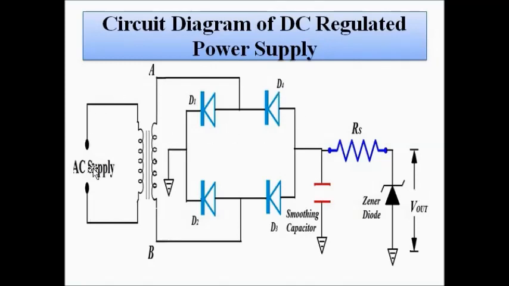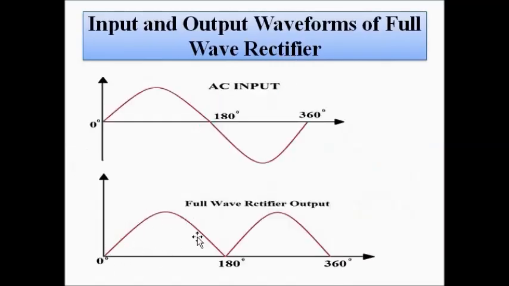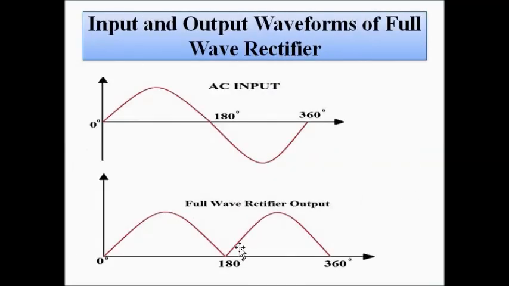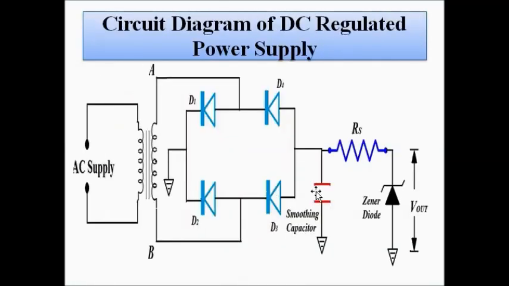So this is the normal bridge type rectifier. The output here looks something like this, the full wave rectifier output, which is the pulsating DC output. Now when this pulsating DC is fed to the smoothing capacitor, which is an electrolytic capacitor, it has one important characteristic, which is that its discharging time is very high as compared to its charging time.